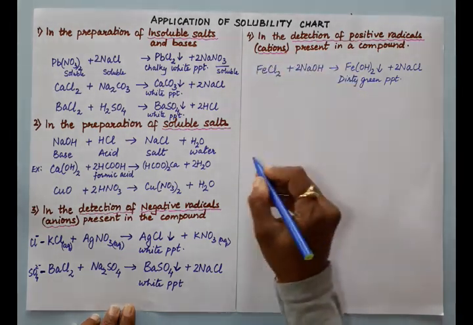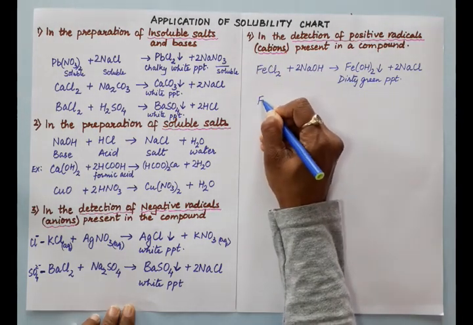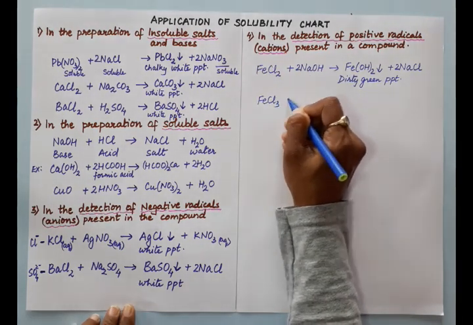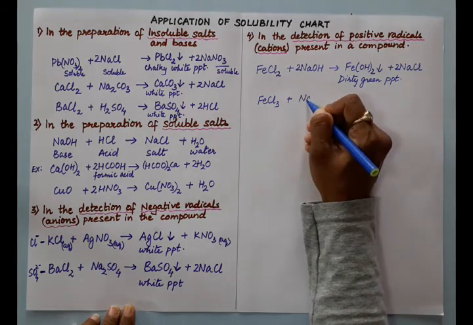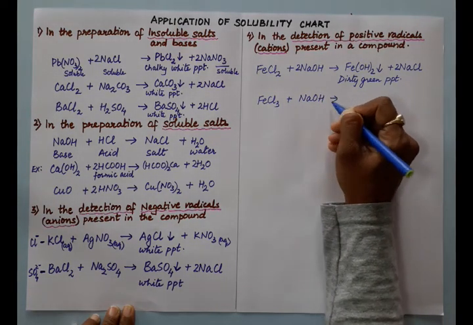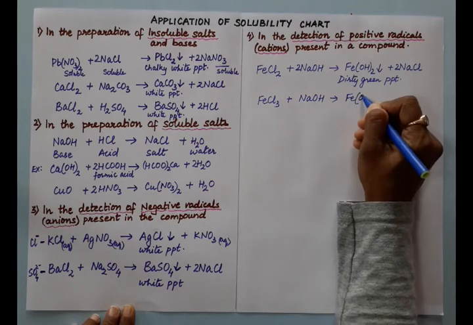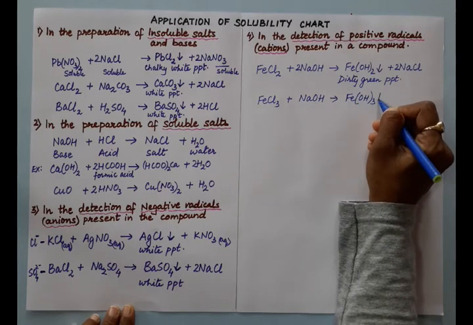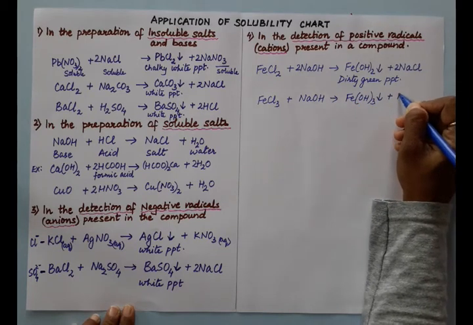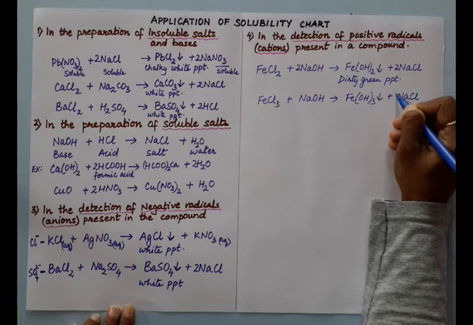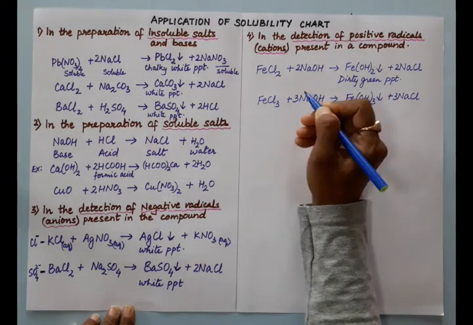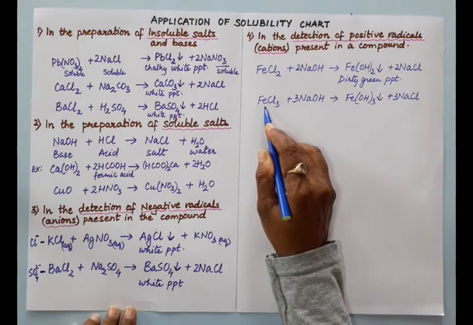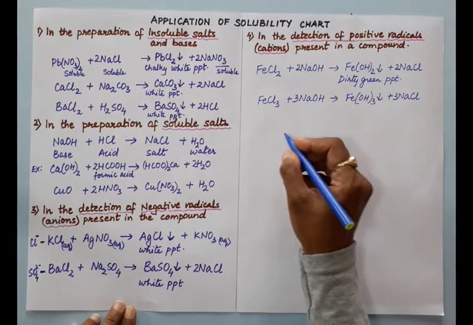So here Fe2+. Then next, if we take ferric chloride, a yellowish brown substance, and add NaOH, we get ferric hydroxide, a reddish brown precipitate, and NaCl. So again we are getting ferric as cation.